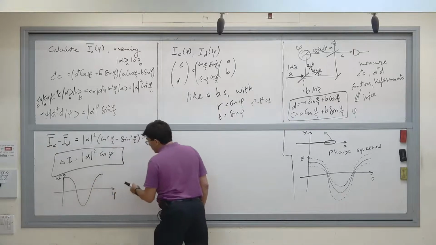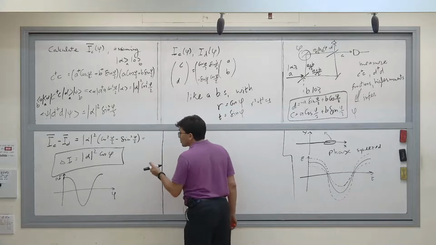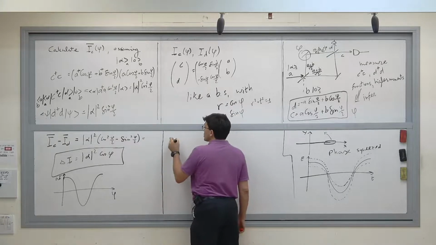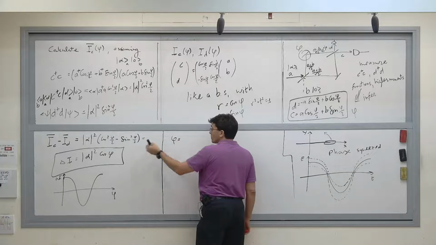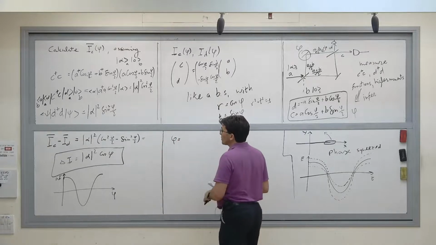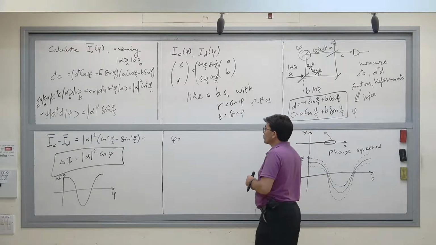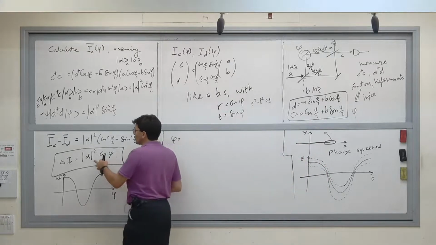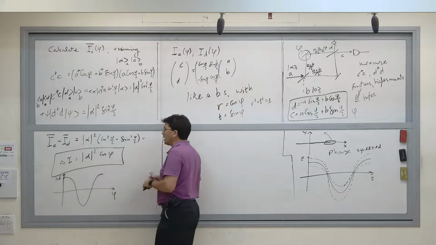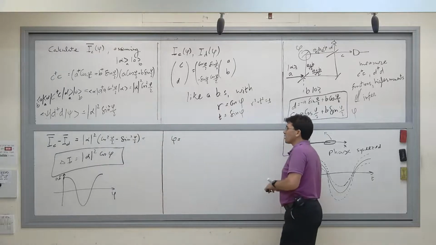The answer is simple. You just need to ask what is the phase, and that means inverting that function. So you measure delta I, you know the intensity of the light that you throw in, and you extract the phase.